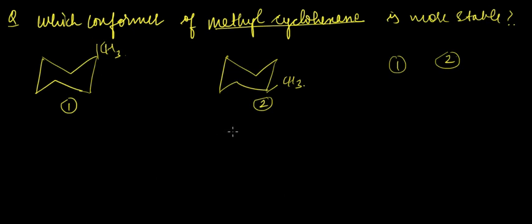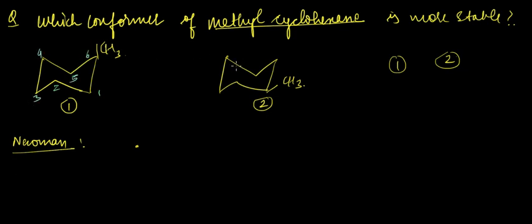Okay, so if we draw the Newman projection of both of the compounds, then we would get something like, for the first one, let's actually number the carbon atoms for more clarity. So suppose this is 1, 2, 3, 4, 5 and 6.